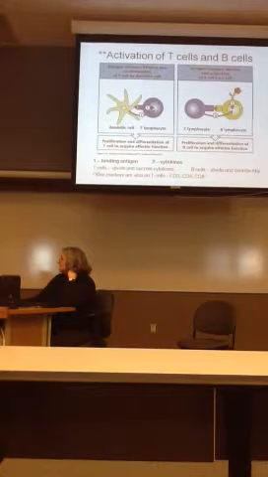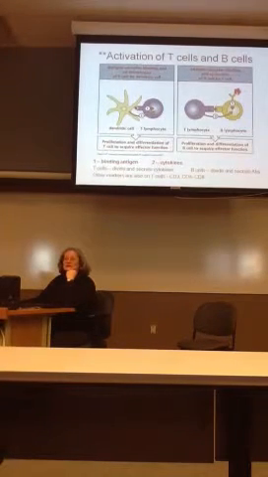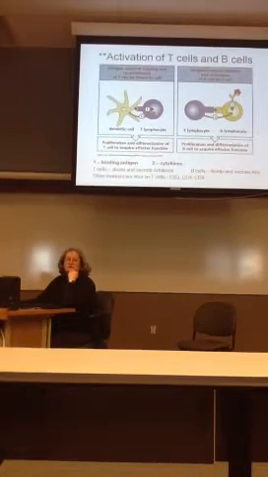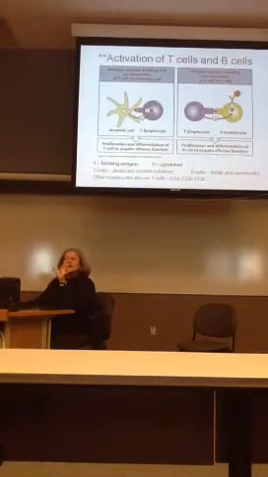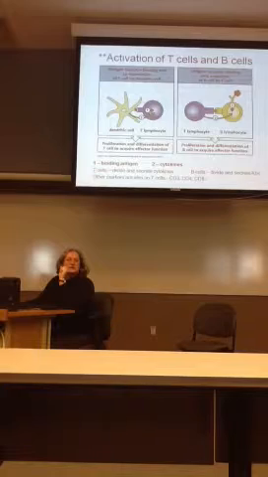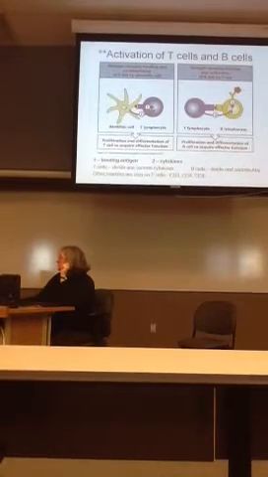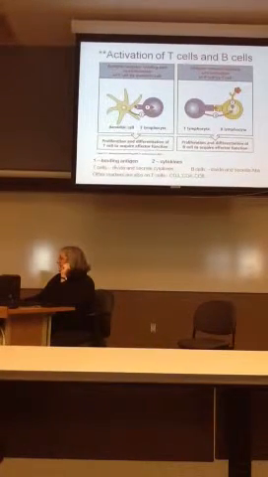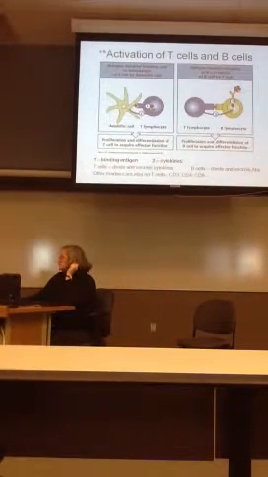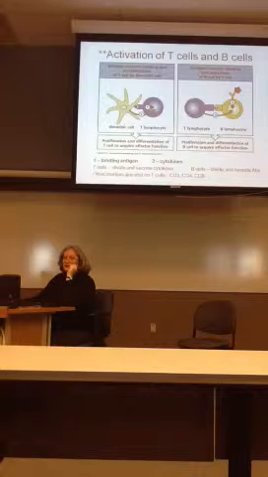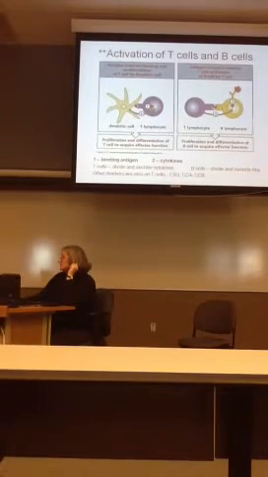But here we have a B cell. It's bound this antigen with its surface antibody. It's probably internalized some of that antigen, processed it. B cells can be antigen-presenting cells. And it's presented that processed antigen to this T cell, presented a fragment from that peptide, that antigen in its MHC to the T cell.